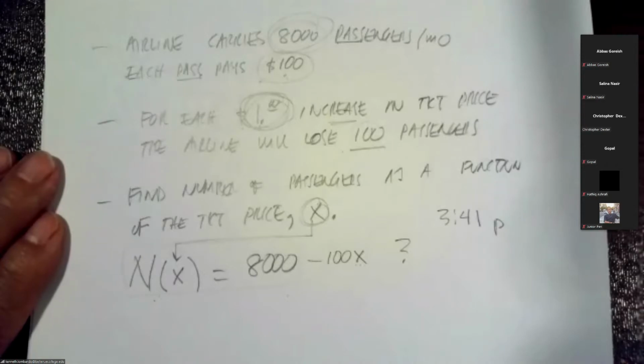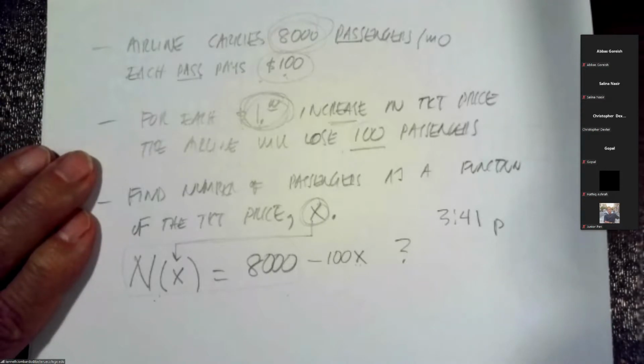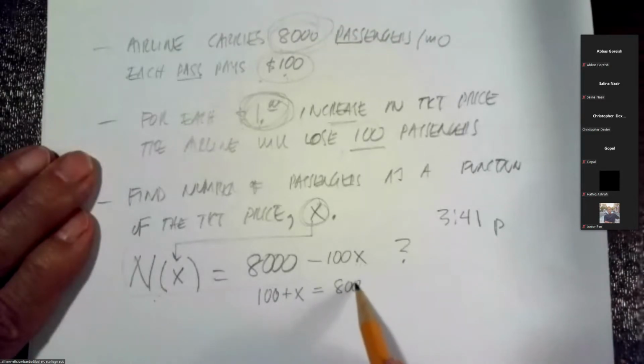What I've got so far, Professor, I guess instead of having n as a function of x, I've got 100 plus x equals 8,000 minus 100x. Go ahead and give me that again. 100 plus x equals 8,000 minus 100x.